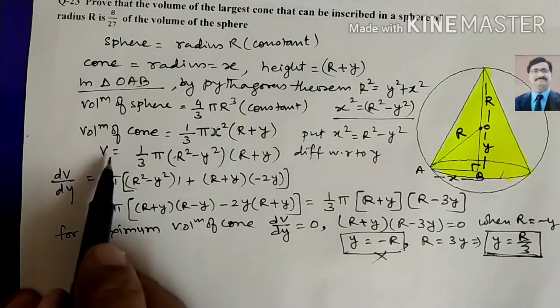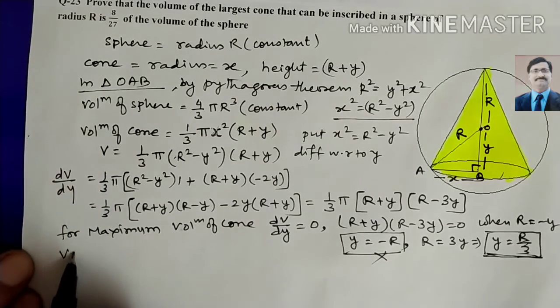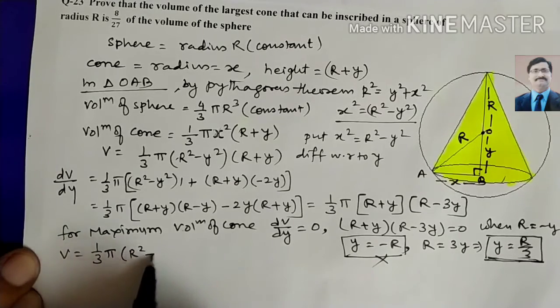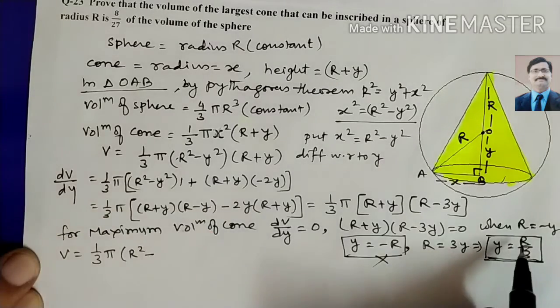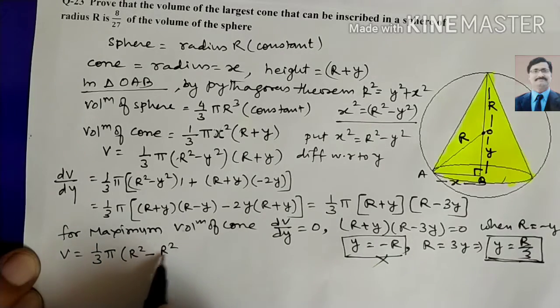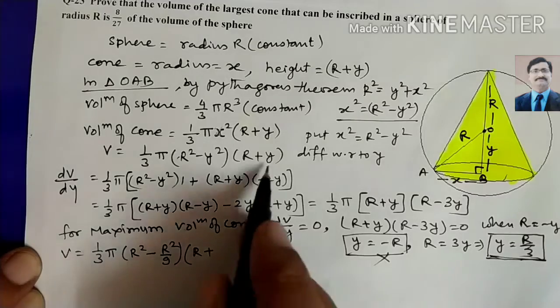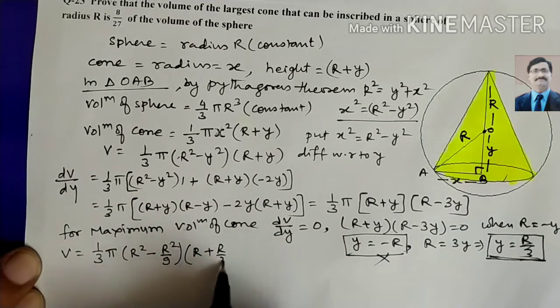Now we have to find the volume of the cone. For that, in the value 1/3 π (R² minus y²), in place of y we put R/3, so we get 8R²/9, and in R plus y we also put y as R/3, so the second portion will be 4R/3.